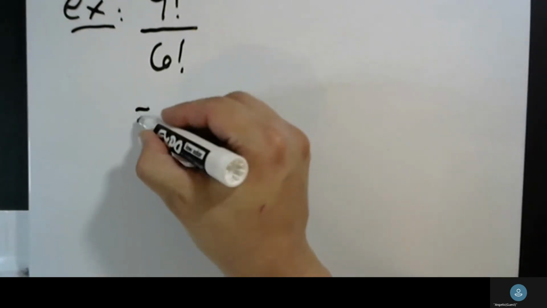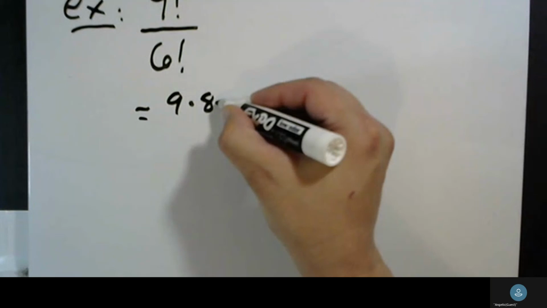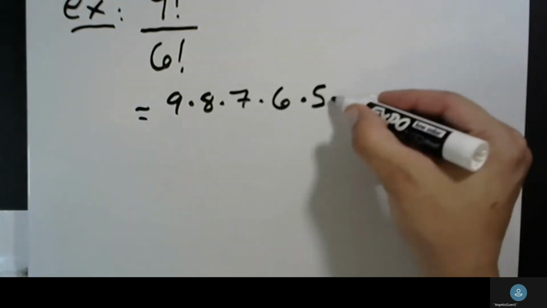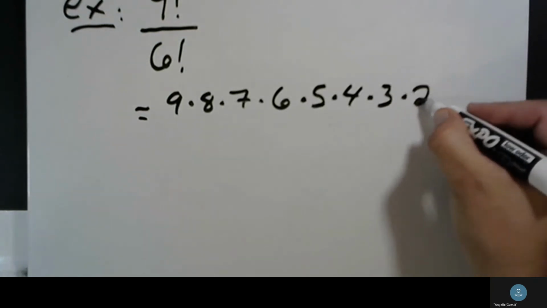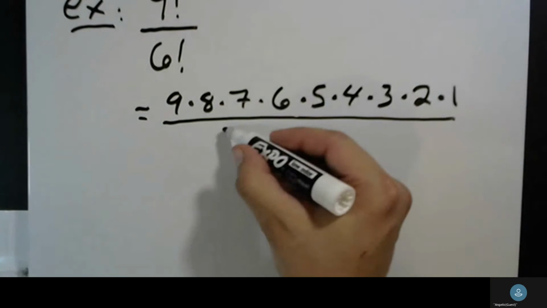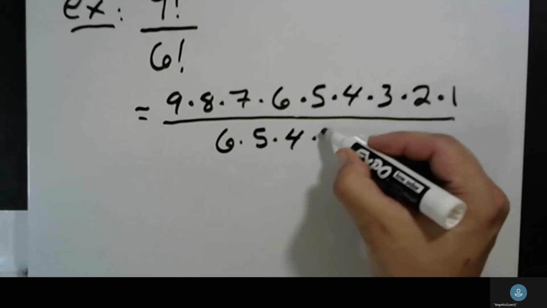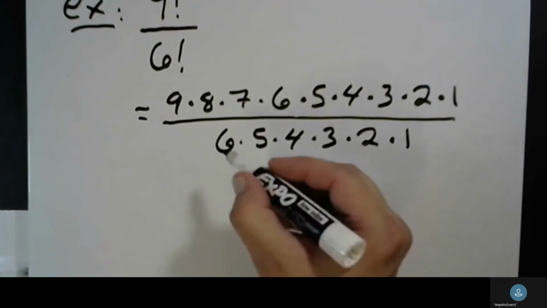Well, this will be 9 times 8 times 7 times 6 times 5 times 4 times 3 times 2 times 1 over, well, 6 times 5 times 4 times 3 times 2 times 1.